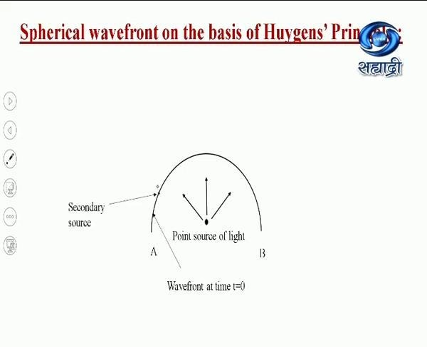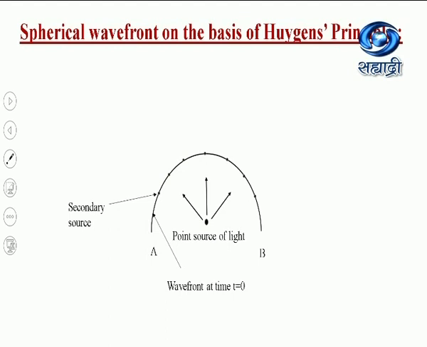So let us consider a point on the wavefront which is acting as secondary source of light. We consider some other points on the wavefront which act as secondary sources. If the speed of light in the given medium is v, then the waves emitted by all these sources will cover distance equal to v into t in time t.